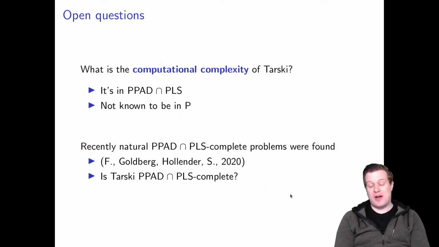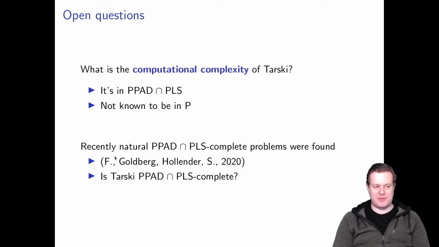We haven't really spoken about computational complexity, but I think the computational complexity of the Tarski problem is also a very interesting open problem. As I mentioned, it's known to be in the complexity classes PPAD and PLS, but there is no known polynomial time algorithm for solving these problems, so it's not known to be in P. So is it complete for some complexity class that is thought to be higher than P? One kind of obvious route is that PPAD intersect PLS unexpectedly was found recently to contain non-trivial complete problems.